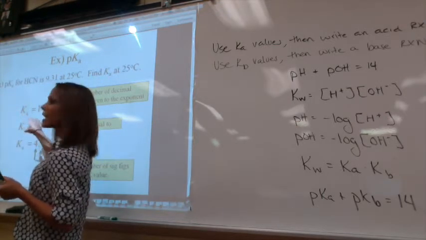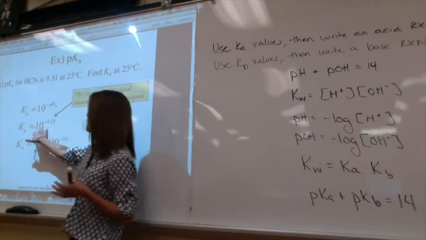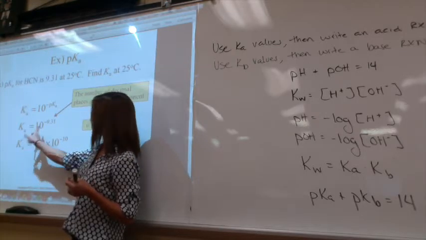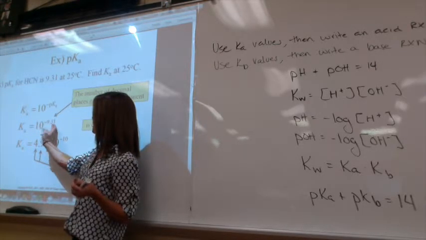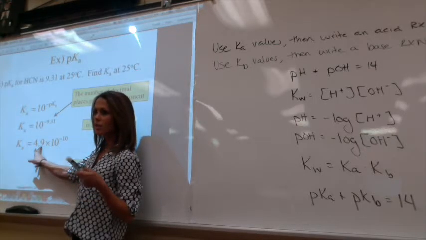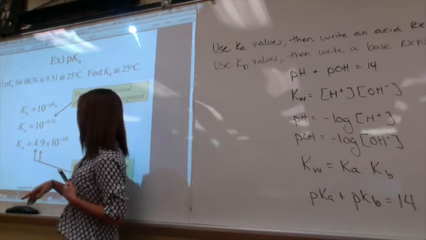If you have your pKa, you take the decimals, and the decimals become the number of sig figs. Because this has 2 decimals, it needs to have 2 significant figures in the Ka value. Same thing with pH: if pH has 2 decimals, then the H plus concentration would have 2 sig figs. So make sure that you pay attention to that.